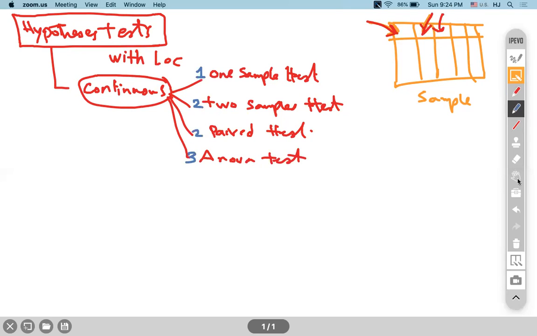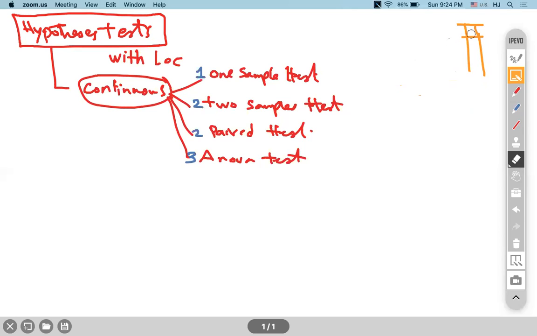Now, for each one of them, we have a null hypothesis and an alternative hypothesis. The null hypothesis, which we usually have with a one sample test, is that the mean of the variable which we test equals a certain value.